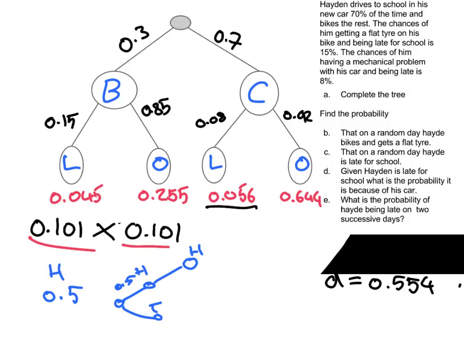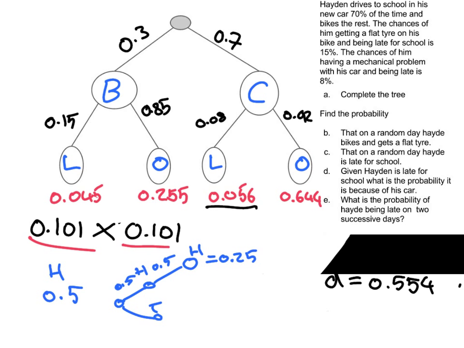This is the same thing. You know that the probability of him being late is 0.101. And he needs to be late again. So we're going to times it. So just like with the heads, we'd times those and we'd get 0.25. So this is the same thing. 0.101, the probability of him being late times the probability of him being late again, 2 consecutive times. Hopefully that made some sense to you, and it's not too hard to get your head around.